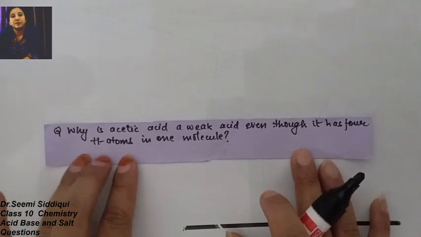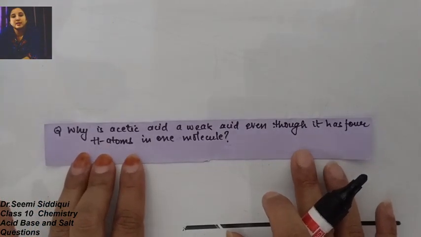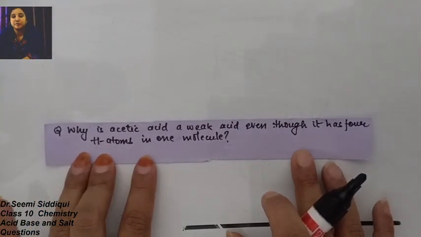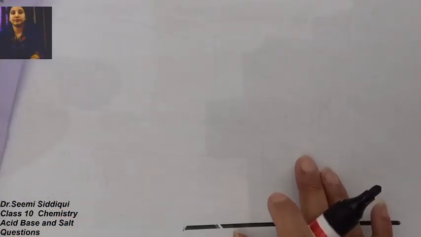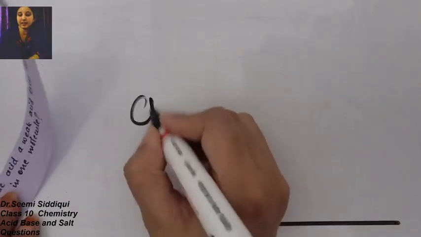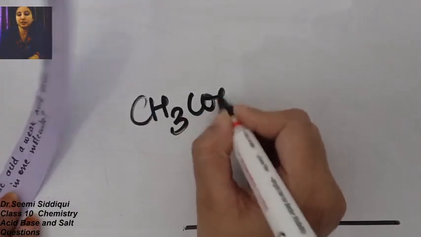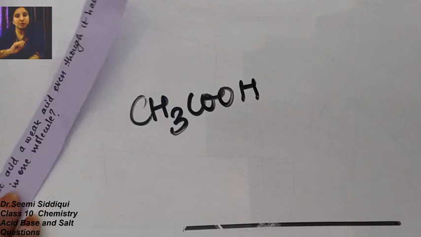Now, the very first question is, why is acetic acid a weak acid even though it has 4 hydrogen atoms in one molecule? Acetic acid is CH3COOH.